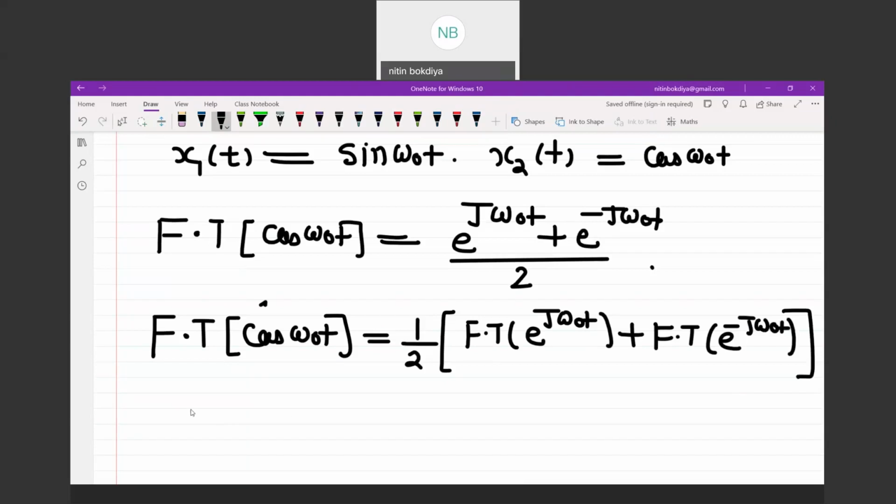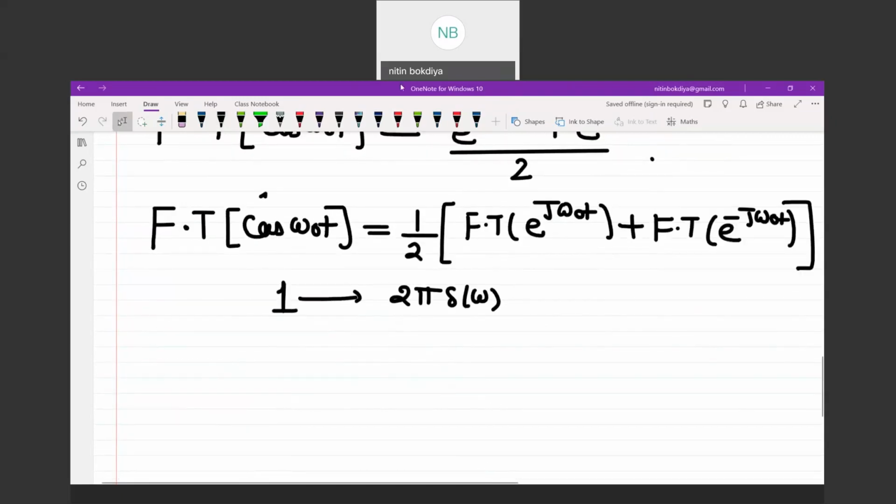This is the idea. Now I can say the Fourier transform of a constant 1 is given by 2 pi del of omega, and the Fourier transform of 1 is an impulse. If this is so, can I say the Fourier transform for 1 into e to the power j omega naught t is a frequency shifting, and it is 2 pi del of omega minus omega naught.